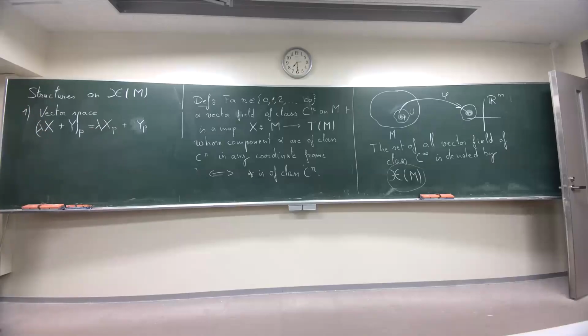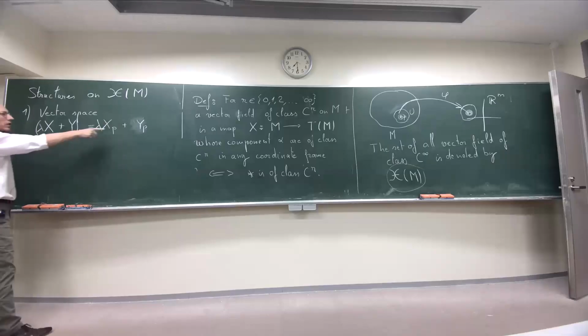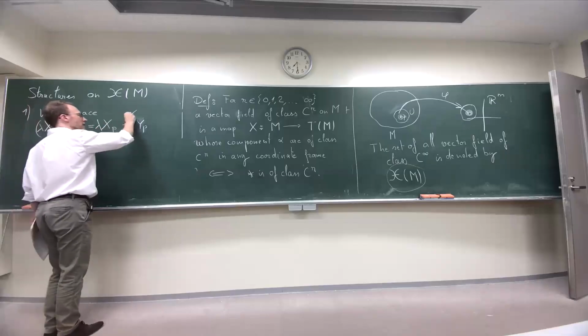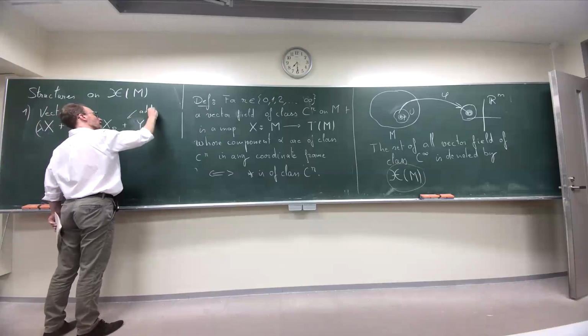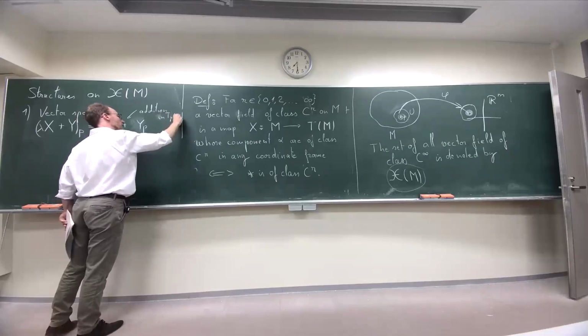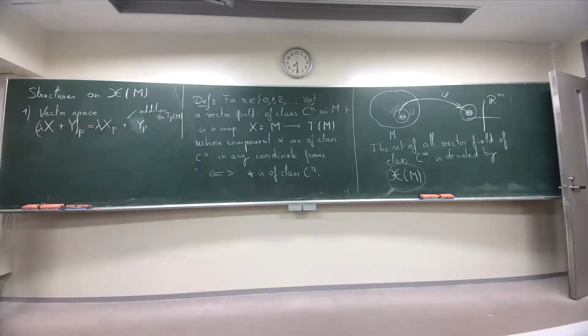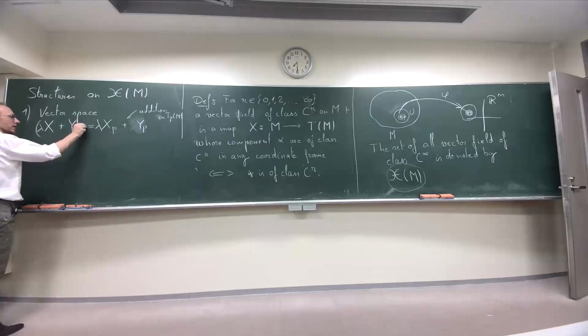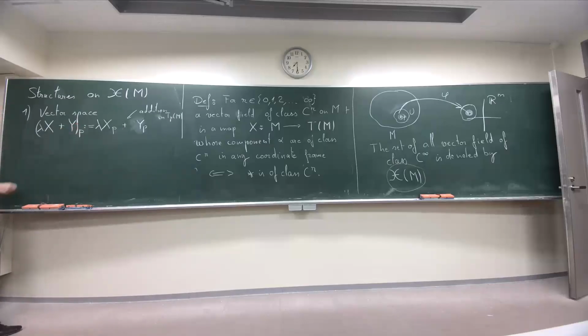I mean, you need to check that, but we have already seen that the tangent space is a vector space. So you just use the addition in the tangent space. You check that you can do the addition of two functions. I define the addition of two vector fields locally. In fact, this is a definition. It gives you a vector space.